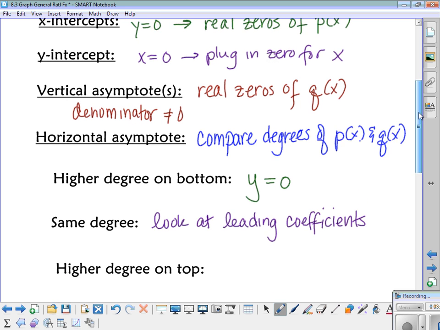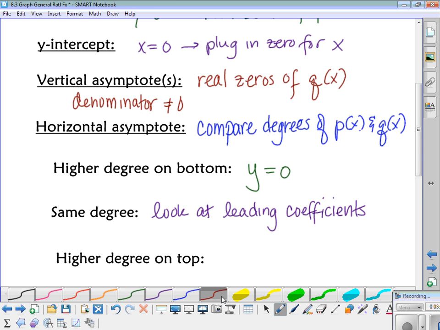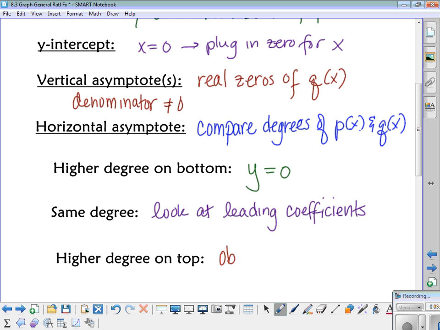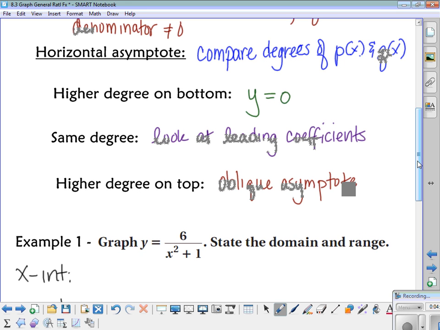And then the new one, we're not going to do any of them today, but just so you have all your notes in one place: if there's a higher degree on top, we end up with an oblique or slanted asymptote, if it's just 1 degree higher on top. We're not going to get anything more complicated than that.